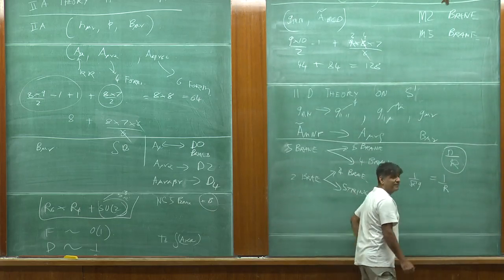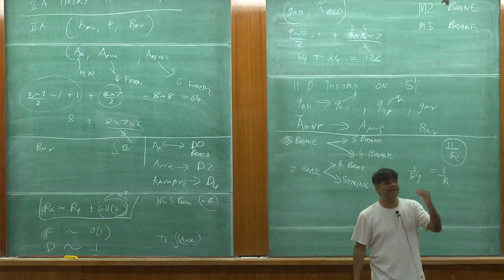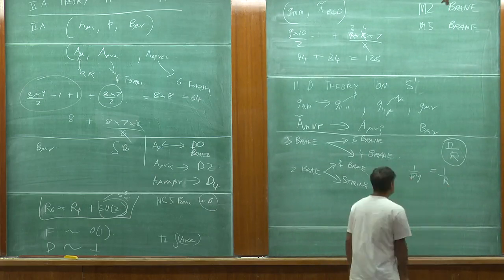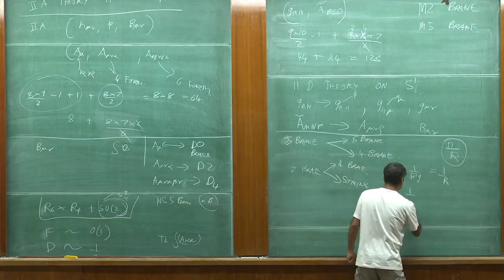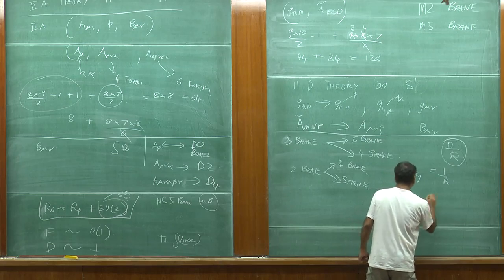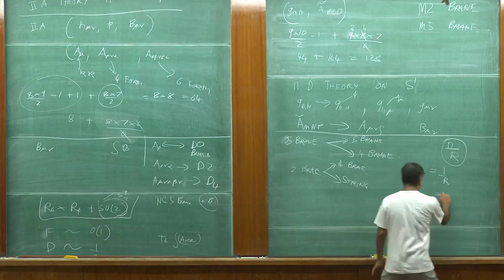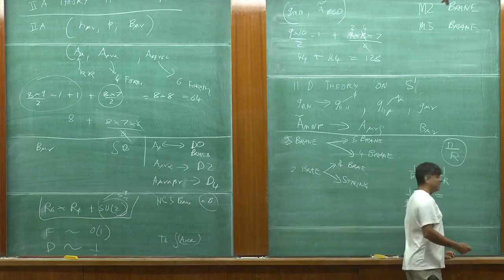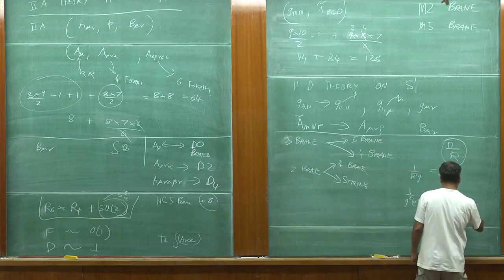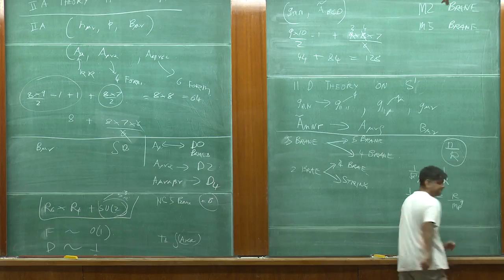That's one relationship, and the second relationship is that the effective 10D Newton's constant should be the same. In string theory, the 10D Newton's constant is 1 by G string squared alpha prime to the power 4. But from M theory, this will be R by MP to the power 9.